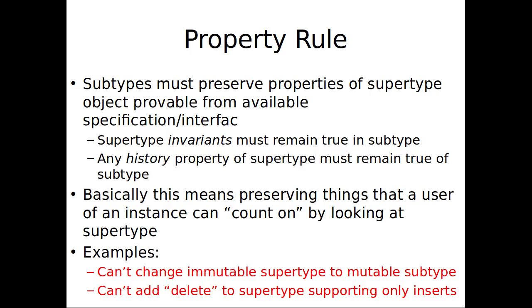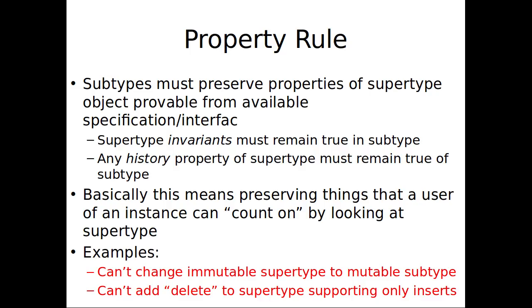It's that an object doesn't change, it's immutable. That's a history property. You can't assess that at any one time, but if you only look at one time, you don't know what it was before, so you can't really check did it change.